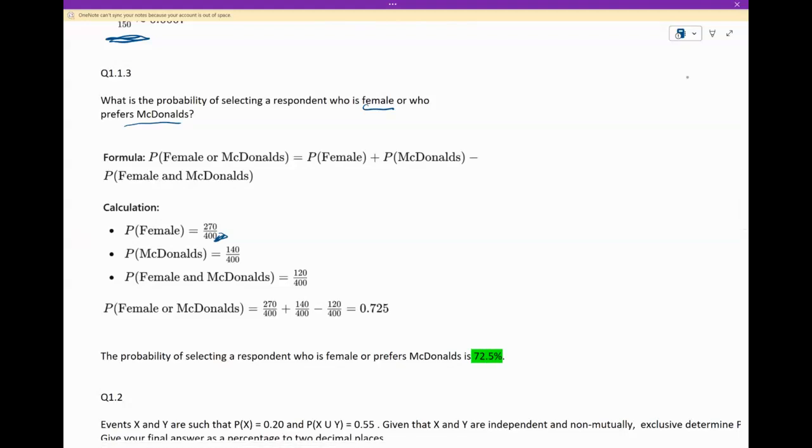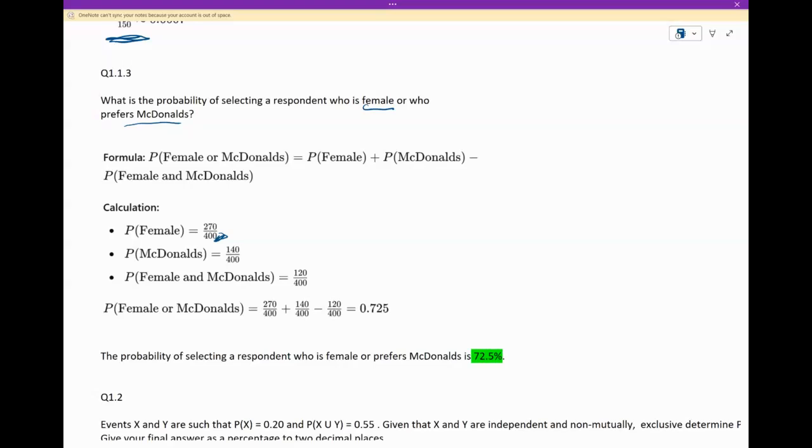So firstly, we're starting with the respondent being female. We have 270 females who have done this survey, divided by the total number of respondents, which is 400. That's your first probability.